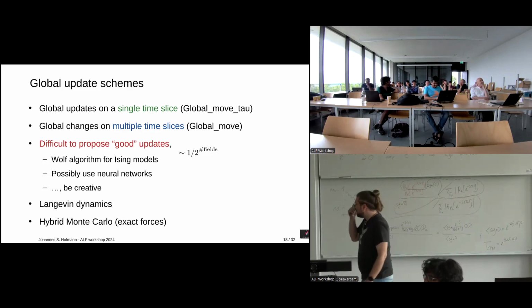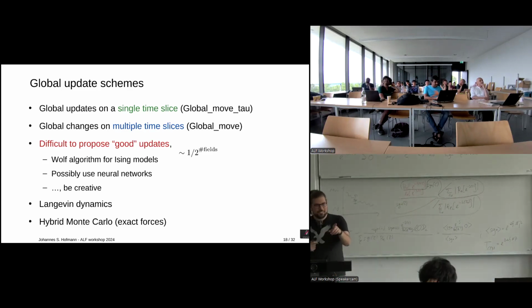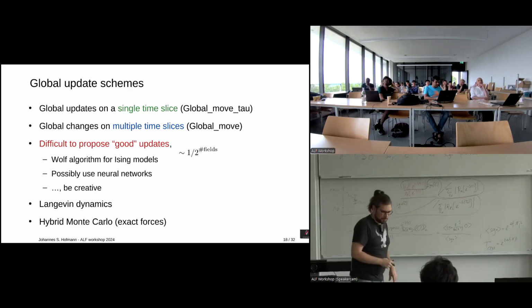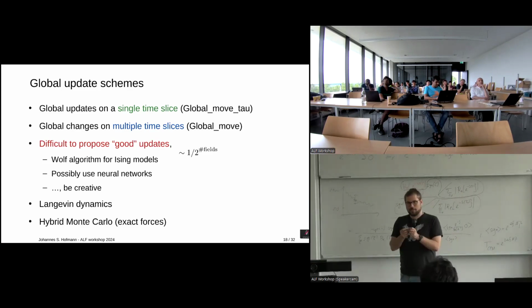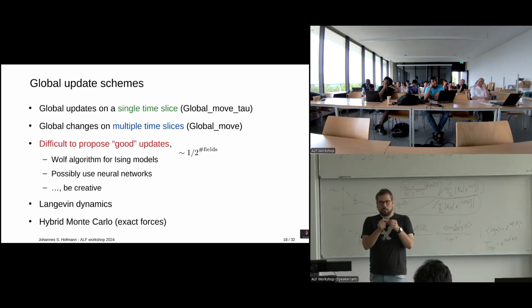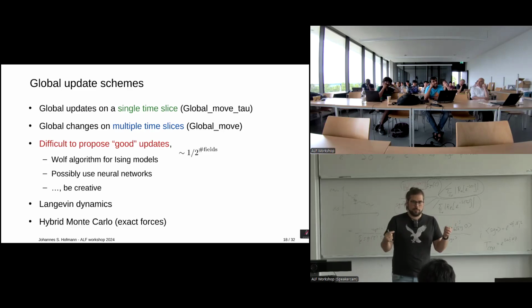Okay, so coming back to your question, why is it problematic if you make delta tau smaller and smaller? Typically, there is some energy scale related to the fluctuations in imaginary time. And when your delta tau becomes too short, you can't flip it anymore because the auxiliary fields on neighboring time slices like to be at the same value.